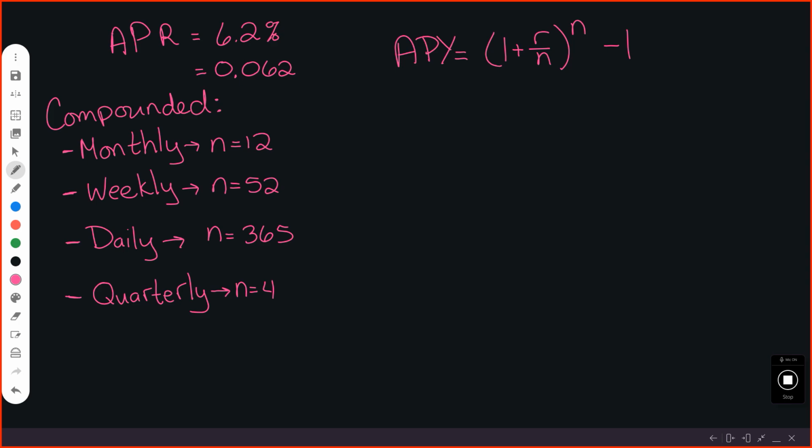Okay, so for monthly, I'm going to do 1 plus 0.062 over 12, to the 12, and then I'm going to subtract 1. So let me put that into my calculator. I'm going to use a graphing calculator because then I'll be able to do the calculations really fast.